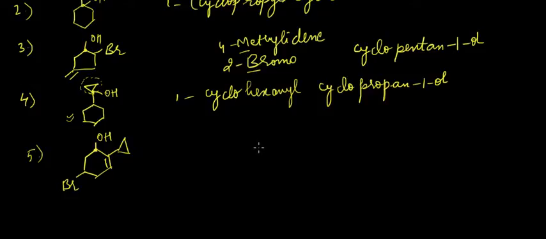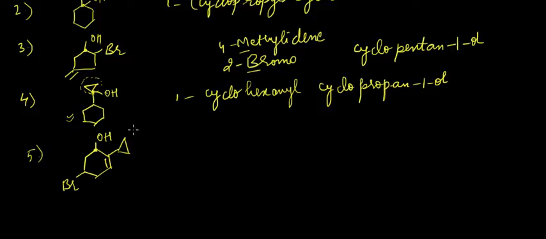The order of preference would be alcohol, then alkene or double bond, then other substituents.